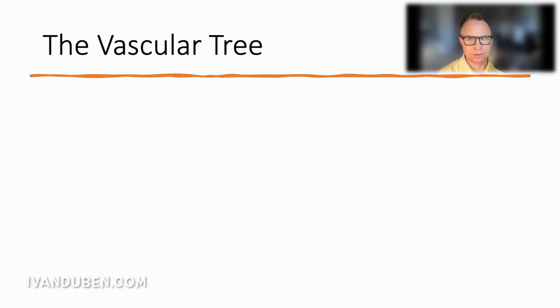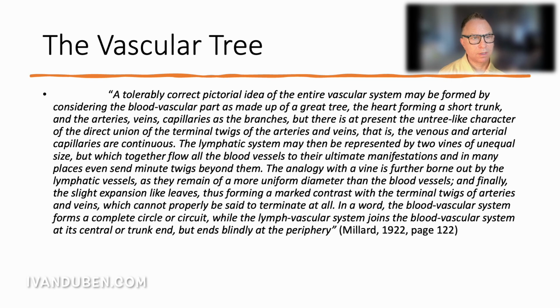Moving on with the topic of lymphokinesis, I think the best way to understand the lymphatic system is by really having an appreciation for the vascular tree. This is coming from Millard.